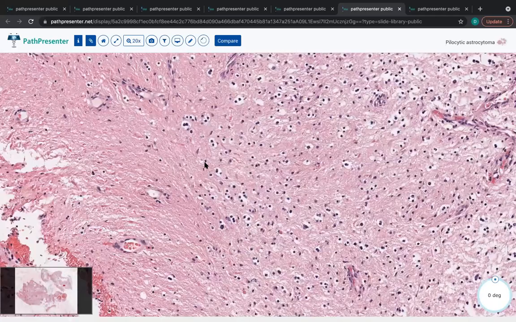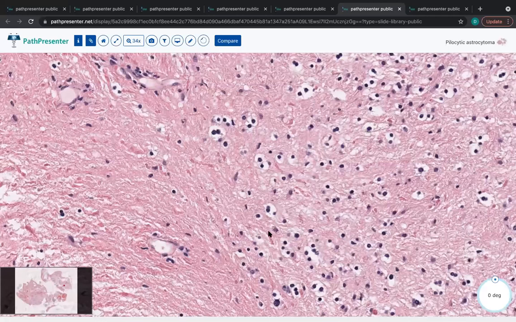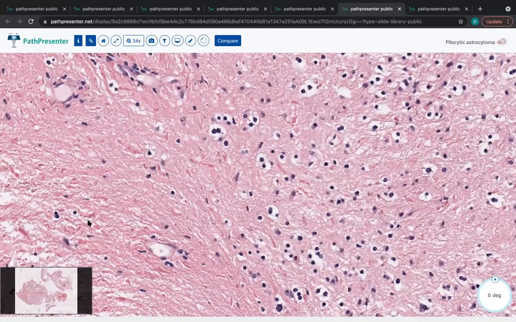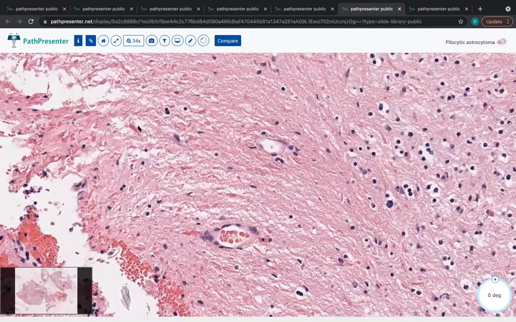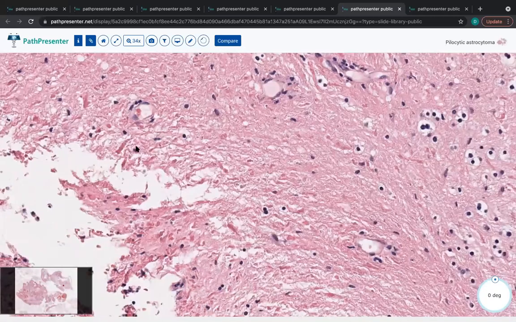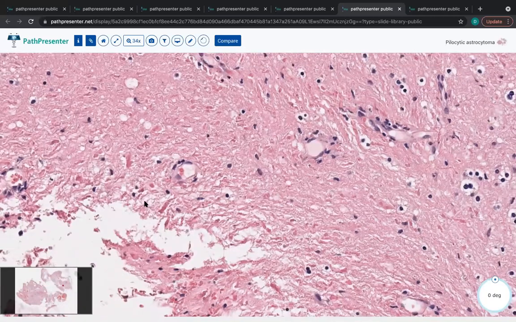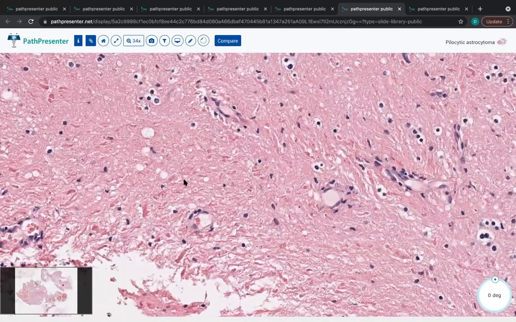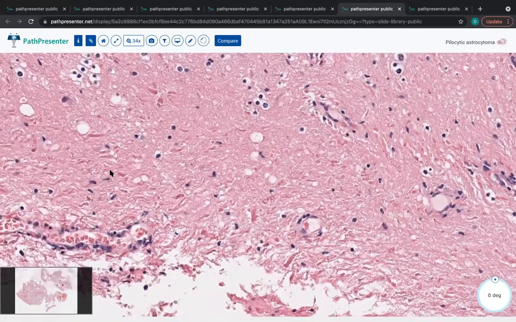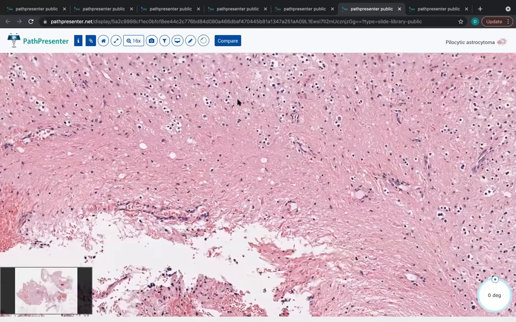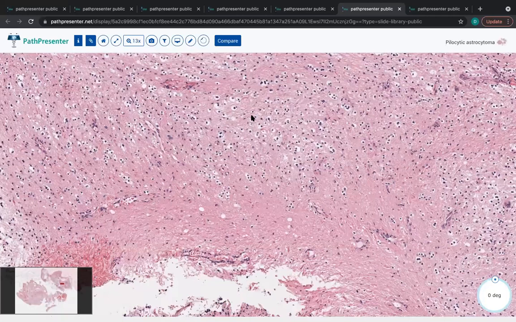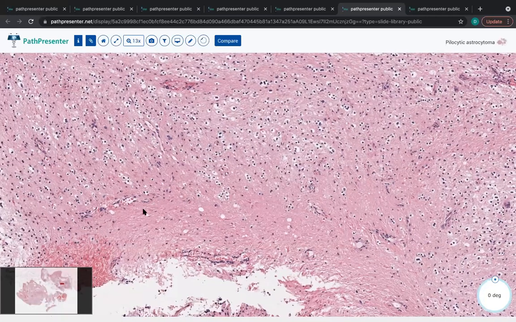But one can also see these darkened astrocytic processes. These are Rosenthal fibers. I think they kind of look like pink carrots sometimes. They're more easily identifiable in these compact regions of tumor. This is a good field that shows you a number of these, very easily identifiable. So we have Rosenthal fibers and an infiltrative oligodendroglial-like cellular component.